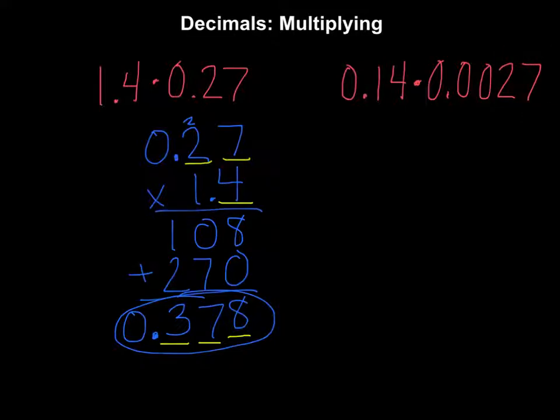So again, I probably want to put the 27 on top, and I want the 14 on bottom. But remember, this isn't actually 27. This is 0.0027. And this isn't really 14. It's 0.14.